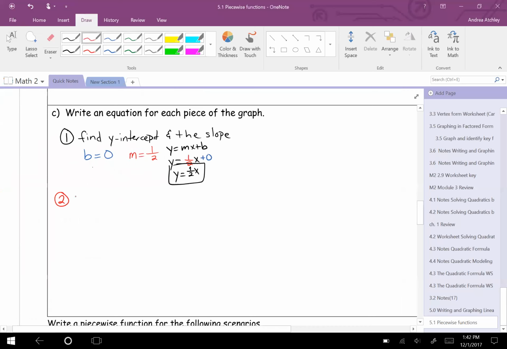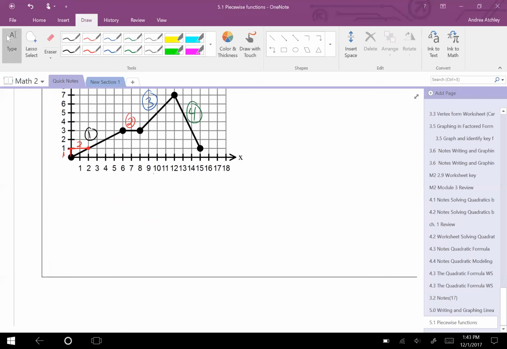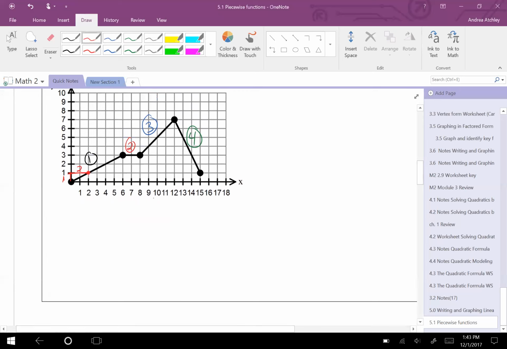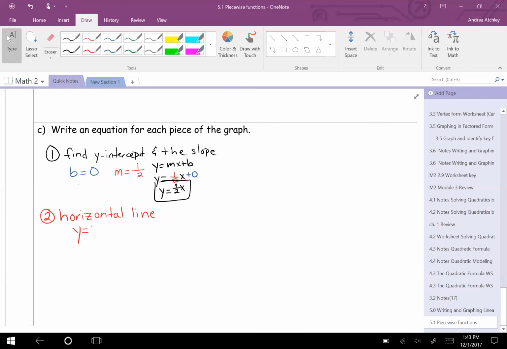Number 2 is a horizontal line, so it's just y equals whatever the y value is there. And what is the y value? It's at 3. If you extend that line, it will touch the y-axis at 3. So it's y equals 3. Any questions?